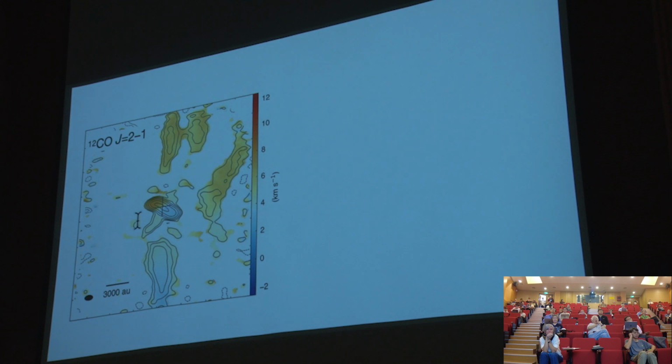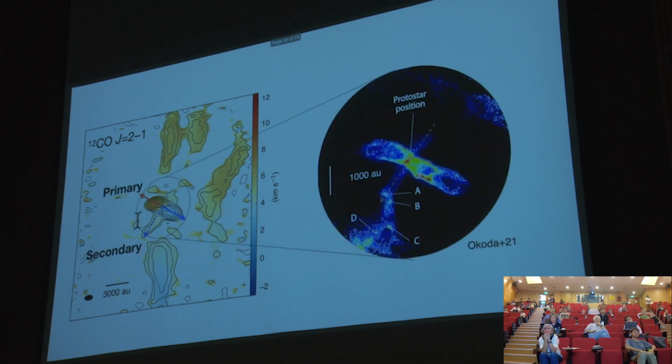Right, so here are the observational results. The color map shows the CO line emission distribution. We see many elongated structures, and looking at the center, there is a clear elongated emission in this direction with a clear velocity gradient, and there is one more component. These correspond to the primary and secondary outflows already reported in previous work.